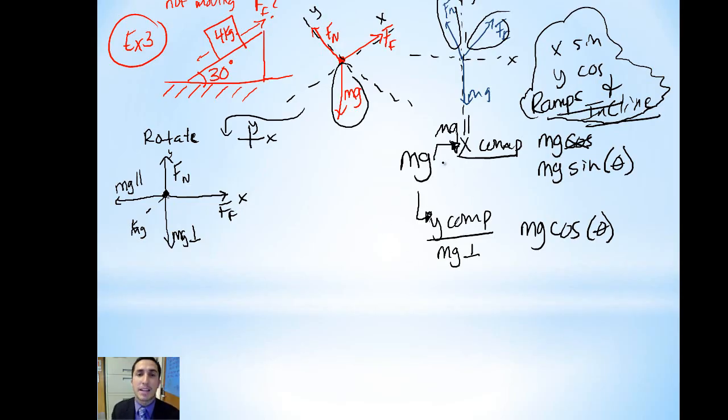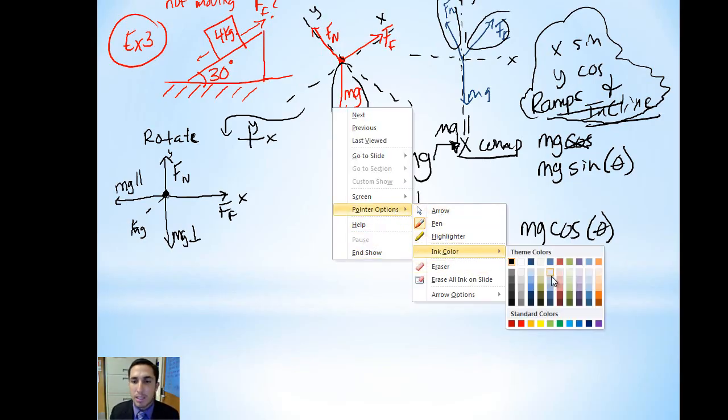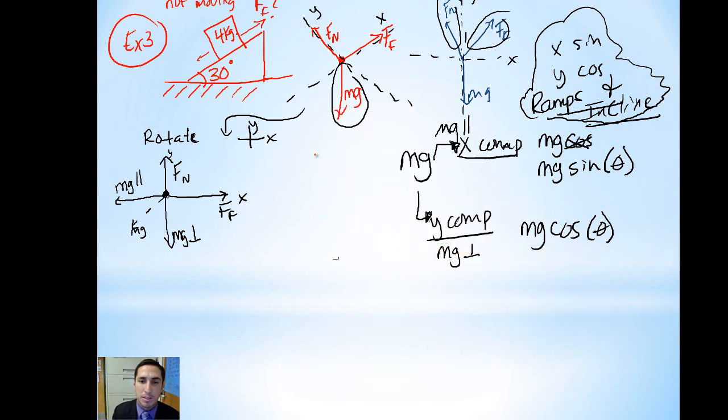Now let's actually find the mg parallel and the mg perpendicular. Let me change the color of this marker. Let's use this weird gold or orange, whatever it is. So here's my work for mg parallel. Mg parallel is going to be equal to, let's see, what's the mass of the object? M is mass. Mg sine theta.